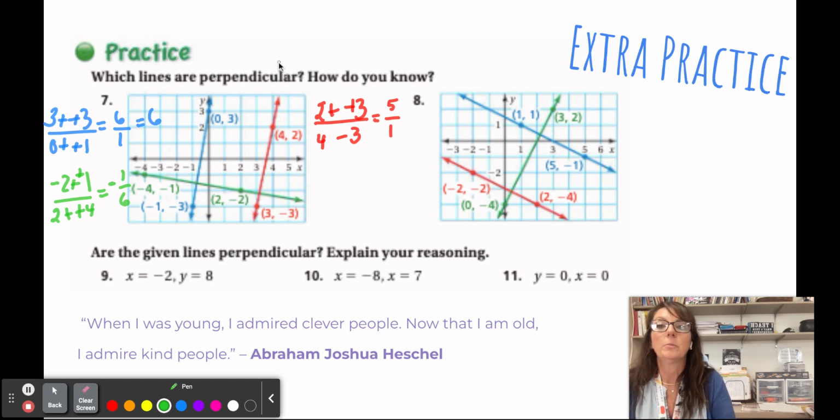So we're wanting to know perpendicular. And if you recall, their product would be -1. So you take 6 times -1 over 6, and then 6 times 5 over 1, or 5 over 1 times -1 over 6, but it's pretty obvious that these two are the opposite reciprocals of each other. So we're going to say blue and green are perpendicular.